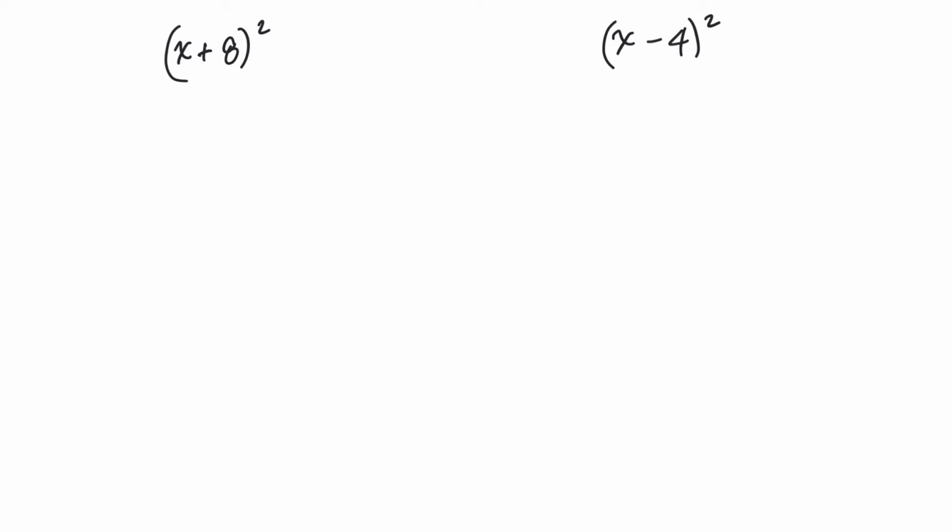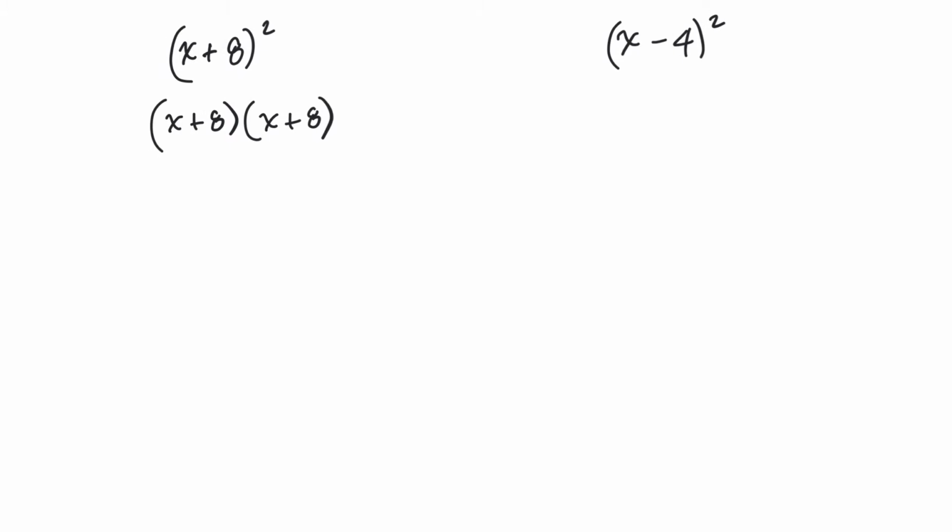So remember, x plus 8 quantity squared is really just x plus 8 times x plus 8. I can use FOIL if that helps you, or I like to just take the first one here, multiply it by both of them over here, and then move on to this one and multiply it by both of them over there.